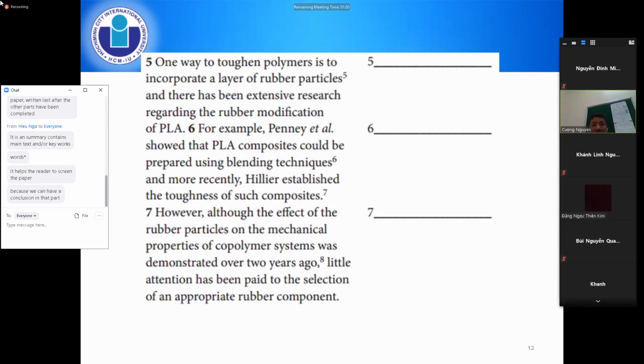Yeah. What is special about number 6 is that you see a lot of citations, a lot of authors' and scholars' names, like Penny et al. Penny is the name of a scholar.